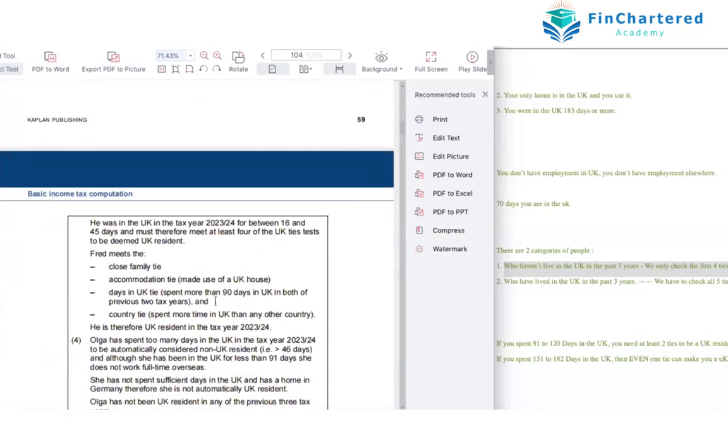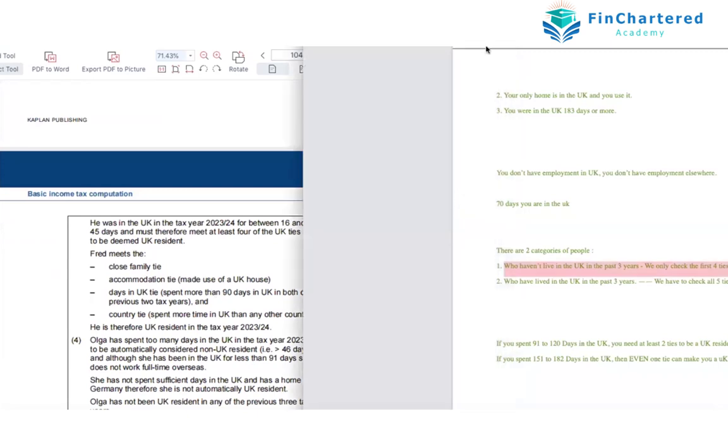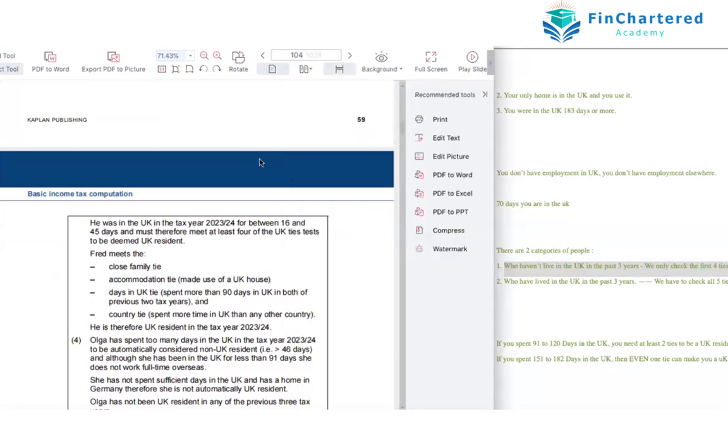Days in the UK, spent more than 90 days in UK in both of the previous 2 tax years. Okay. See here, you've spent in the previous 2 tax years more than 90 days, and country time, spent more time in UK than any other country. So he does tick the 4 connections he has, and therefore he will be classified as a UK resident.